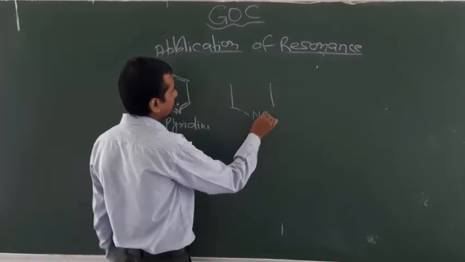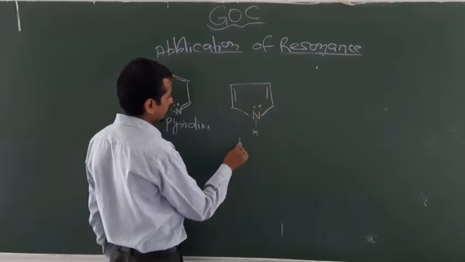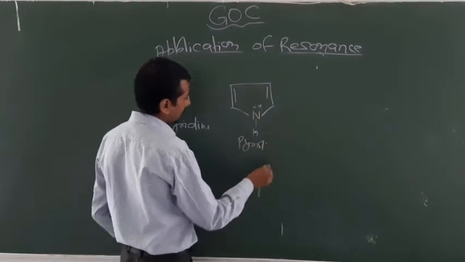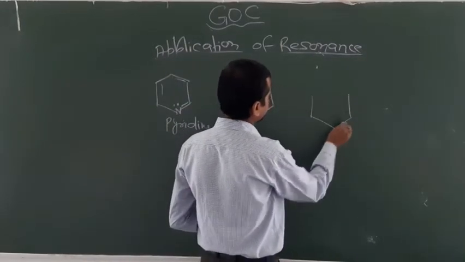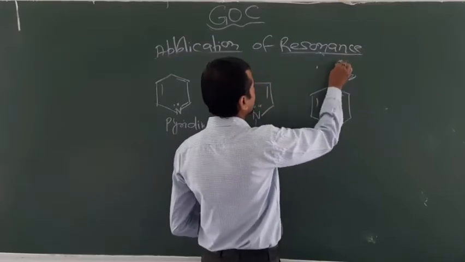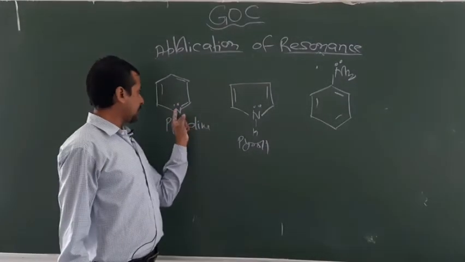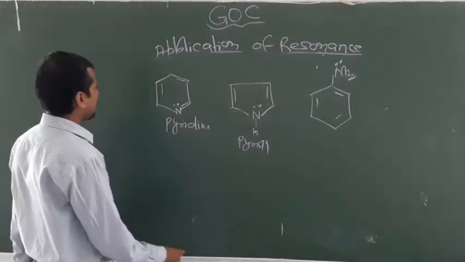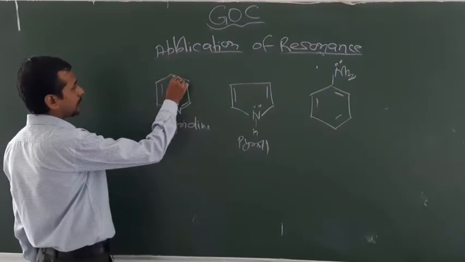One example taken is pyrrole, this is pyrrole, and one example taken of aniline. Look here. In all 3 cases, N contains one lone pair. Look here: double bond, single bond, double bond, single bond, double bond, single bond.